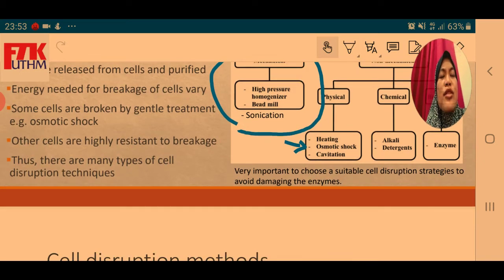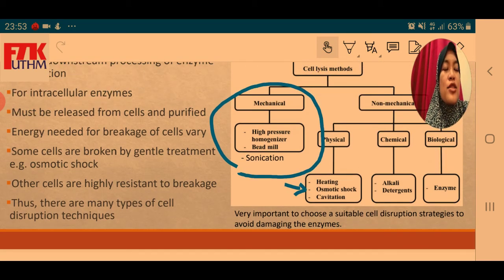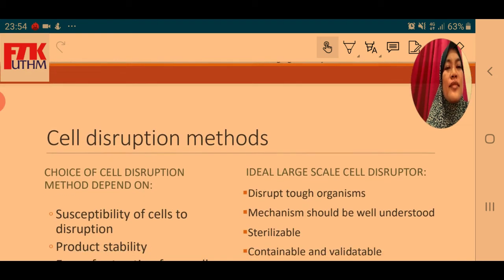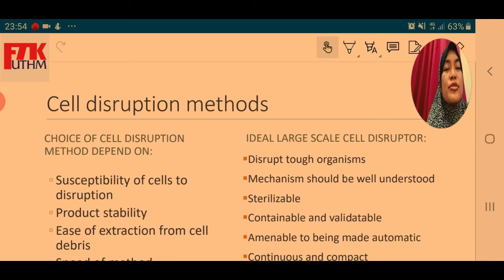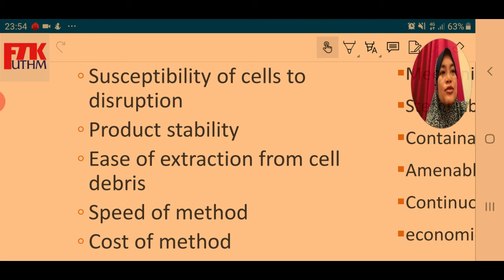So there are many types of cell disruption techniques available. Some are suitable for small scale, some can be upscaled to large scale. We will look at that in much more detail. It's very important to choose a suitable cell disruption strategy to avoid damaging the enzyme. The choice of cell disruption method depends on the susceptibility of the cells to disruption.